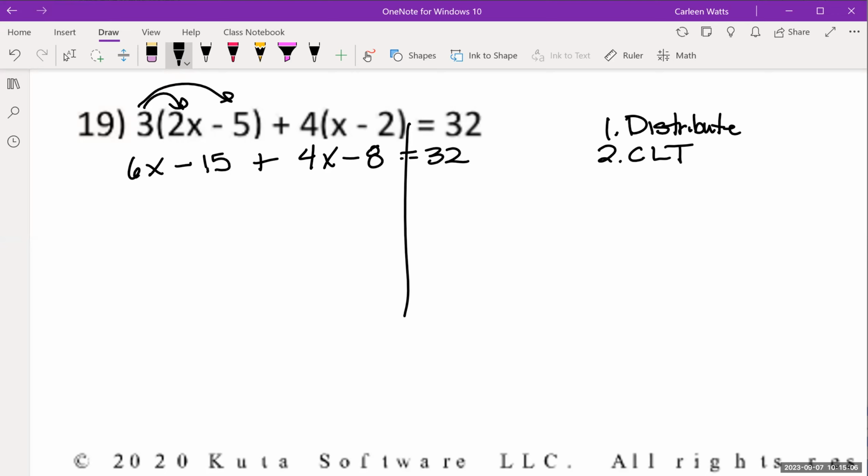Alrighty, combine like terms. Here are my variable terms, and here are my constant terms. So my variables, I have 10x. My constants, negative 15 minus 8, down 15, down 8 more, is that 23?